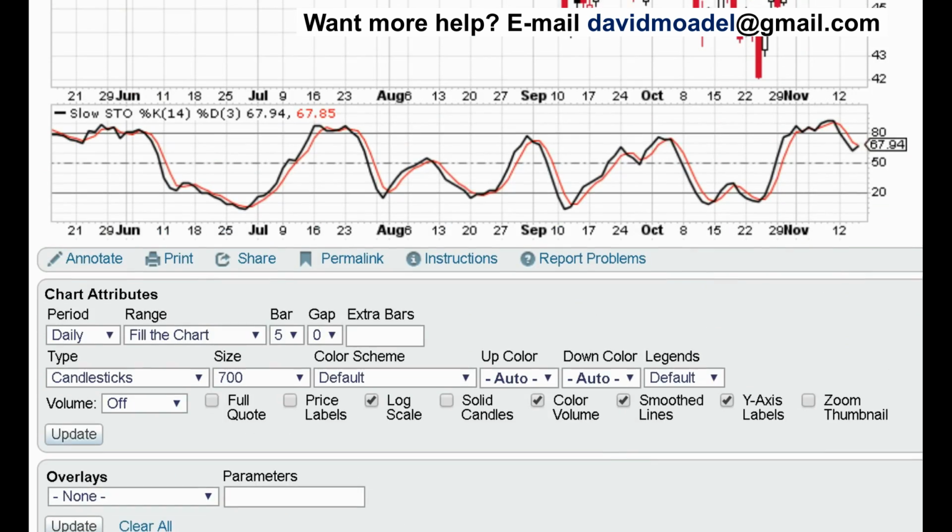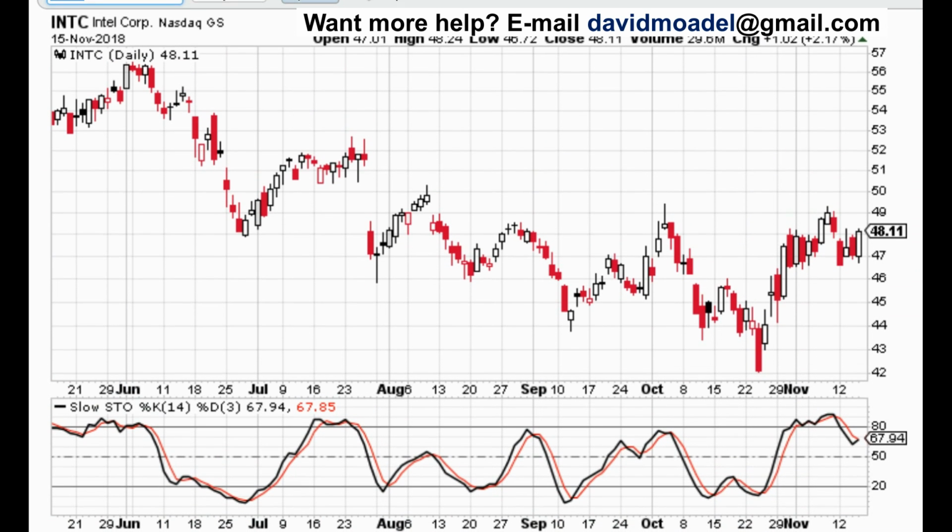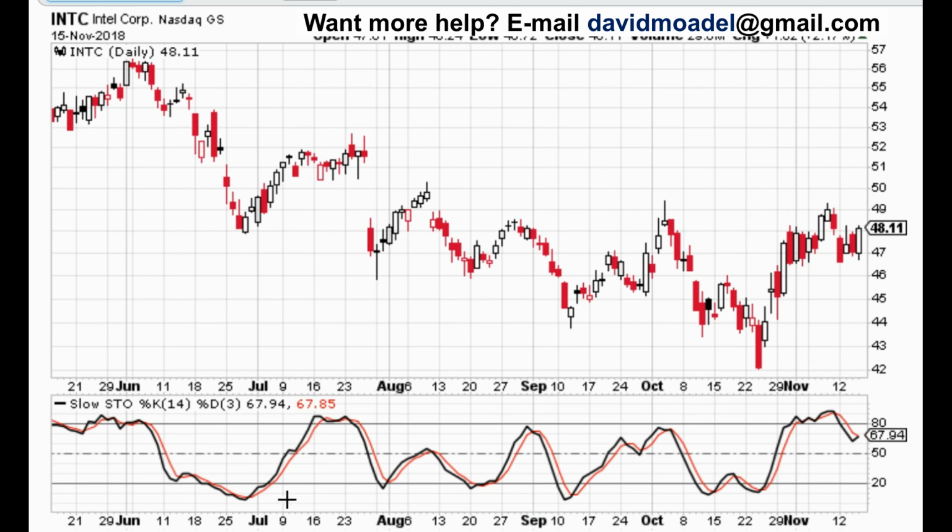So let's go back to the chart and the stochastic indicator and how to use the K and the D, the black and the red here. A lot of people use the crossover. It's your typical thing: when the faster moving line is below and then clearly breaks above the slower moving line, that's bullish. And when the faster moving line clearly breaks below the slower moving line, that's a possible bearish situation.